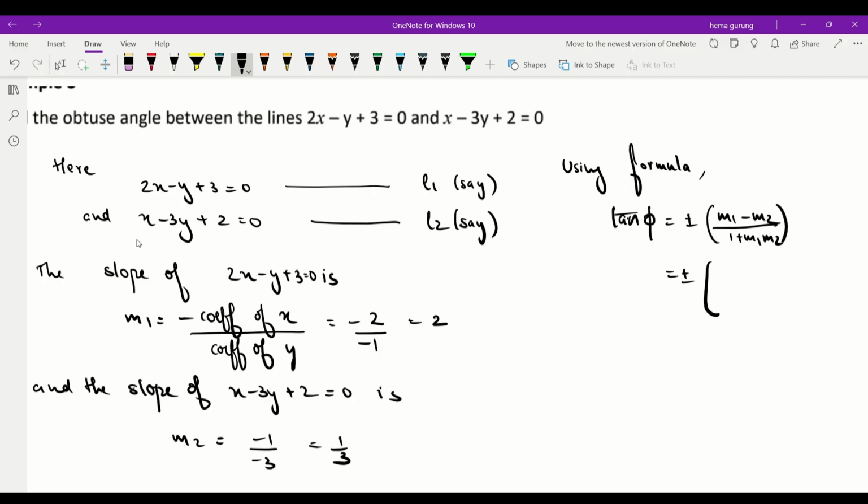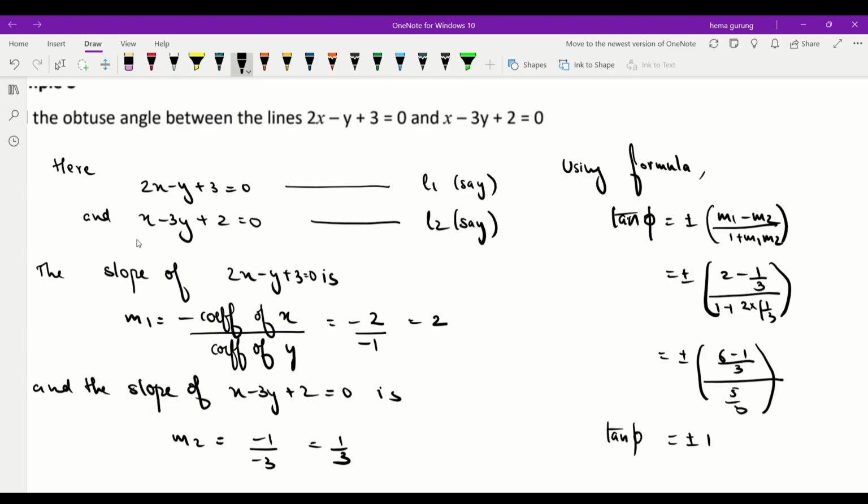Now what's m1? m1 is 2, minus 1 by 3, divided by 1 plus 2 times 1 by 3, which is (6 minus 1) by 3 divided by 5 by 3, and then it is basically 1.